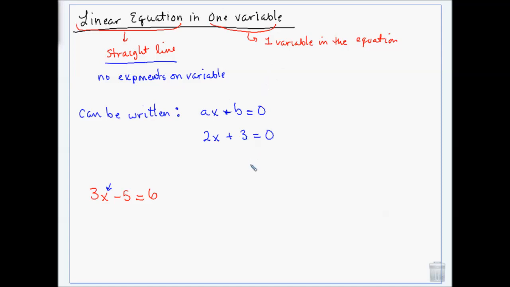What we have are equivalent equations, and equivalent equations have the same solution.